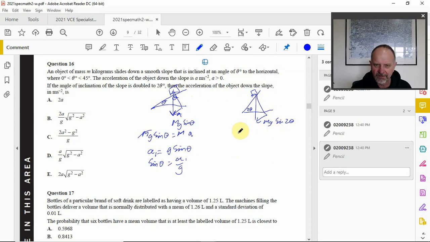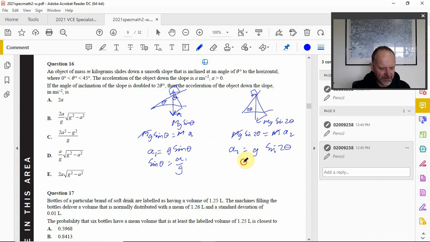So mg sine 2 theta equals m a2. The mass cancels, so the acceleration now is g sine 2 theta.